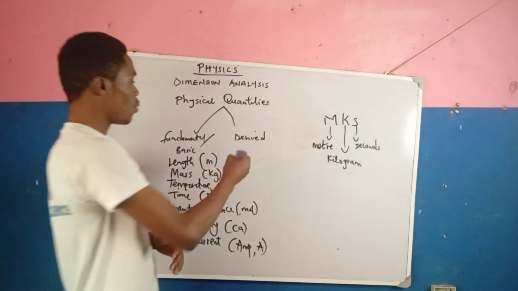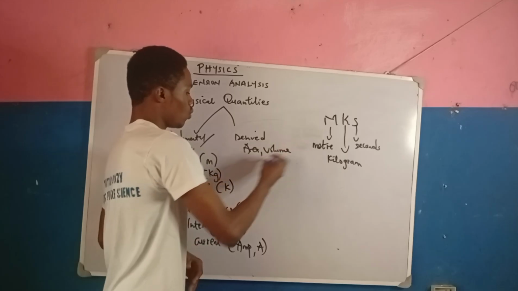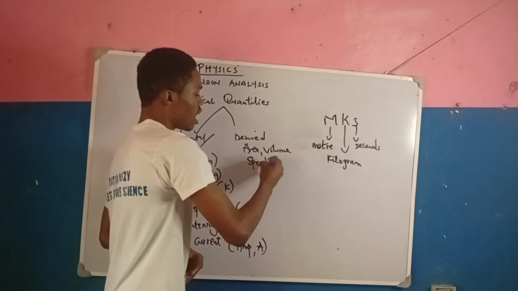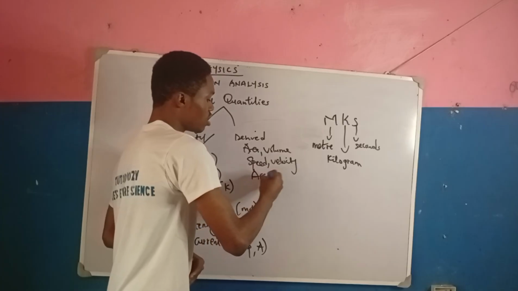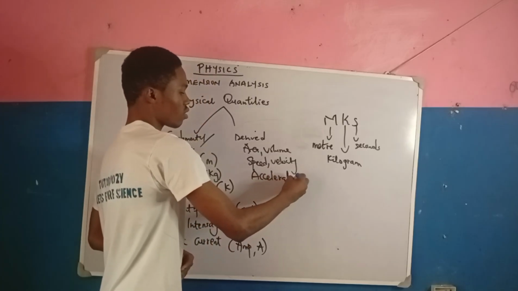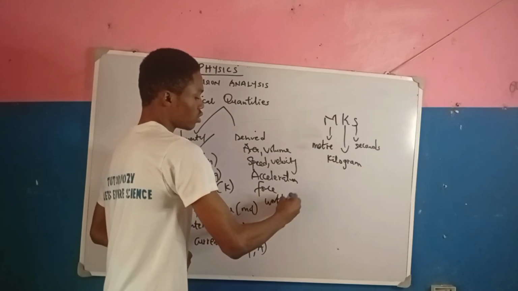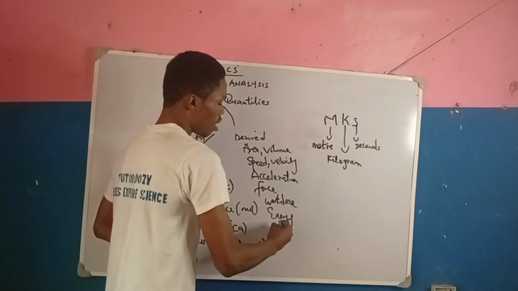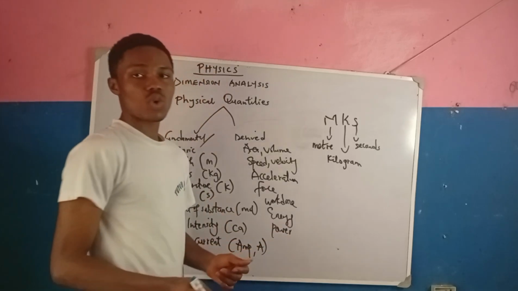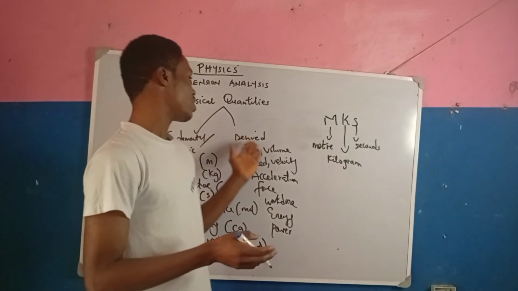The examples here: we have area, volume, speed, velocity, acceleration, force, work done, energy, power, and so on. So these are examples of derived quantities.